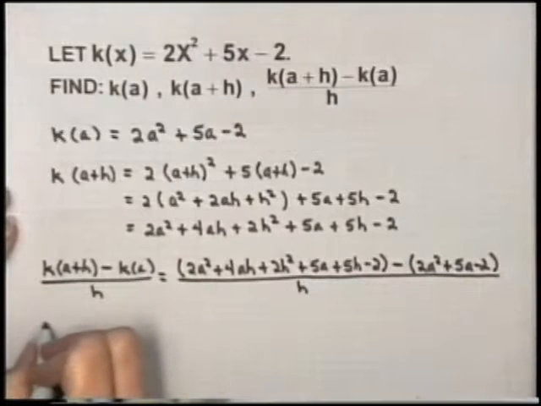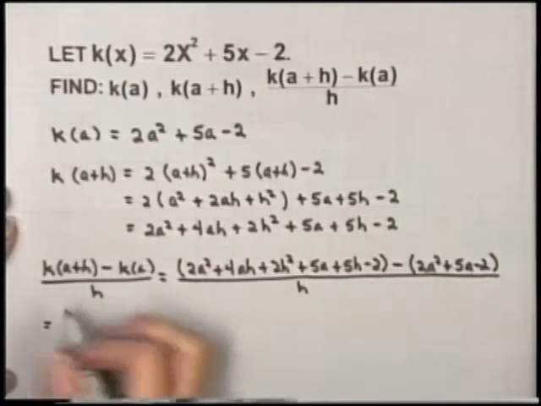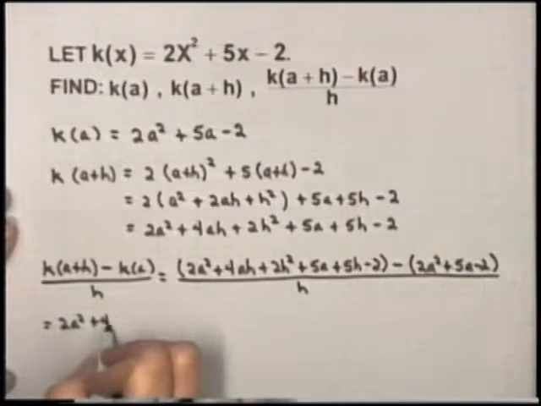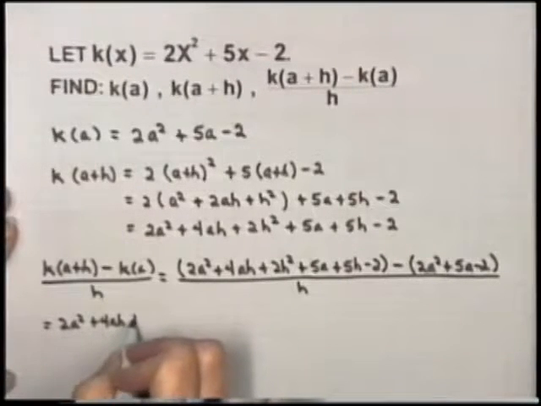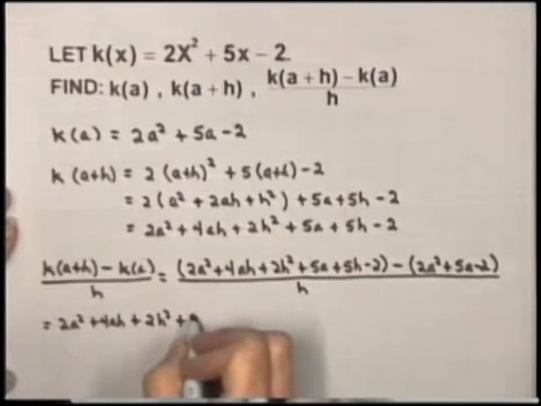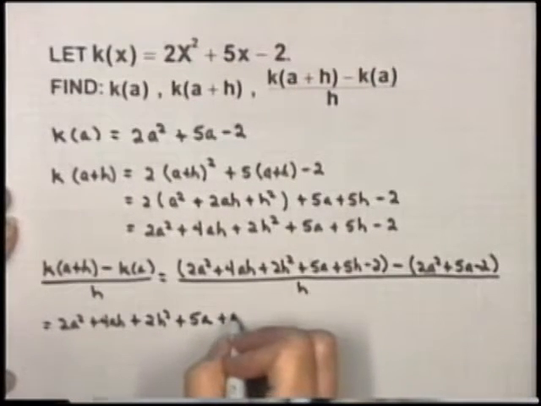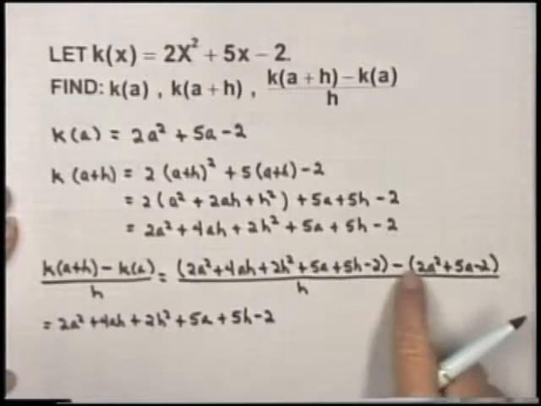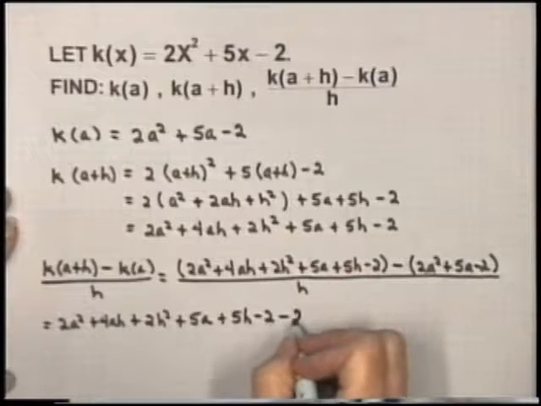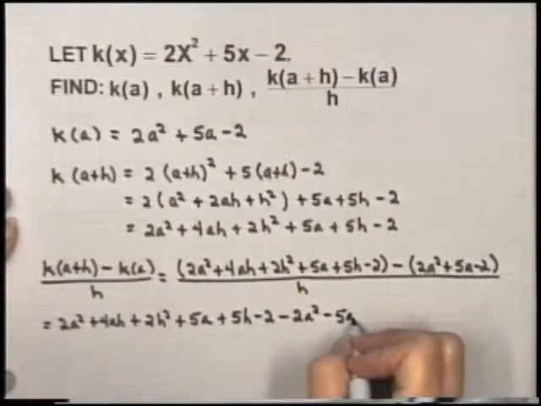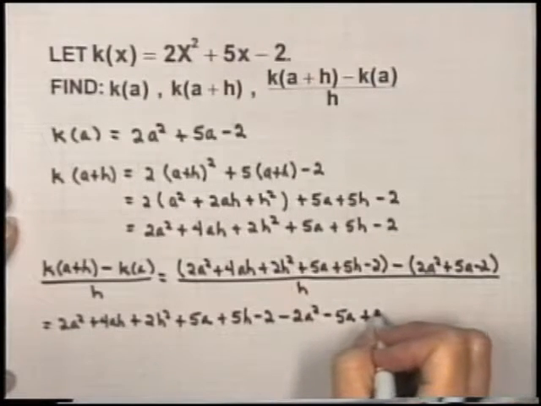Now let's do some simplifying. We will remove the parentheses. 2a squared plus 4ah plus 2h squared plus 5a plus 5h minus 2. Distribute your negative. Minus 2a squared minus 5a plus 2.